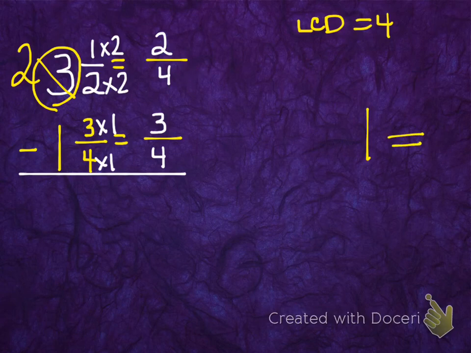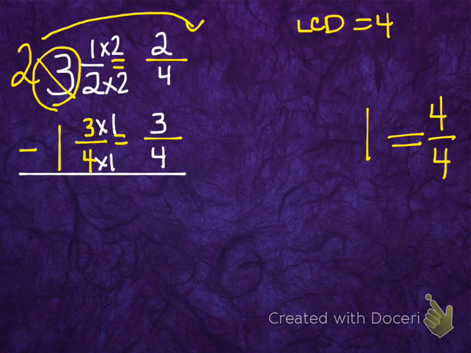I'm going to make my fraction 4/4. So the 1 I took from here and gave to this side, I'm going to write it as 4/4 because it means the same thing. It is exactly 1. So 2 plus 4 is equal to 6, and my denominator is 4.